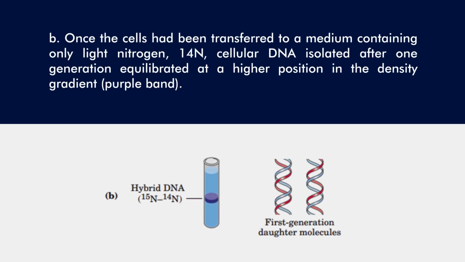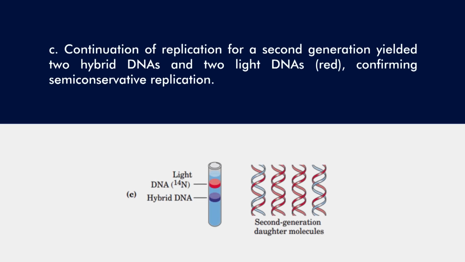Once the cells had been transferred to a medium containing only light nitrogen, that is N14, the cellular DNA isolated from one generation equilibrated at a higher position in the density gradient, that is the purple band. Then continuation of the replication for a second generation yielded 2 hybrid DNAs and 2 light DNAs, that is red in color, confirming the semi-conservative mode of replication.